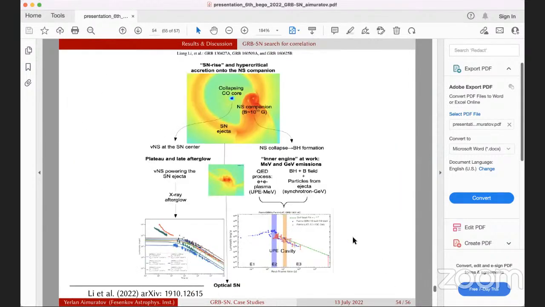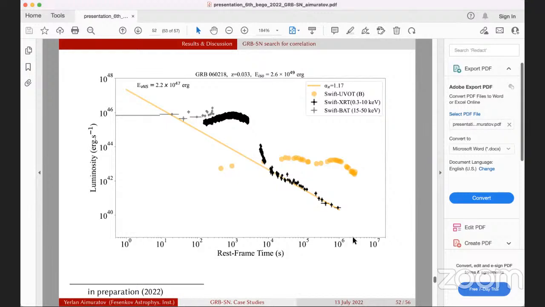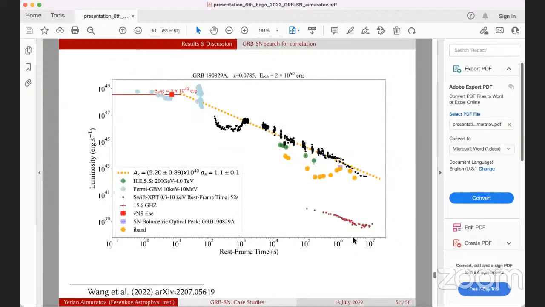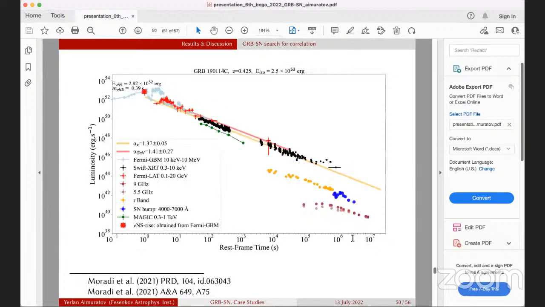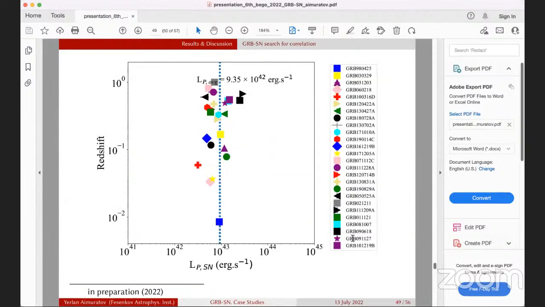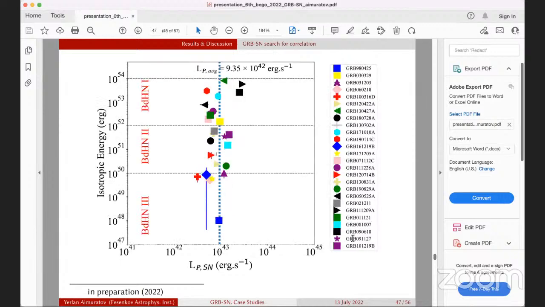The table, the one with BDHN1, BDHN2, BDHN3. Okay, this one.